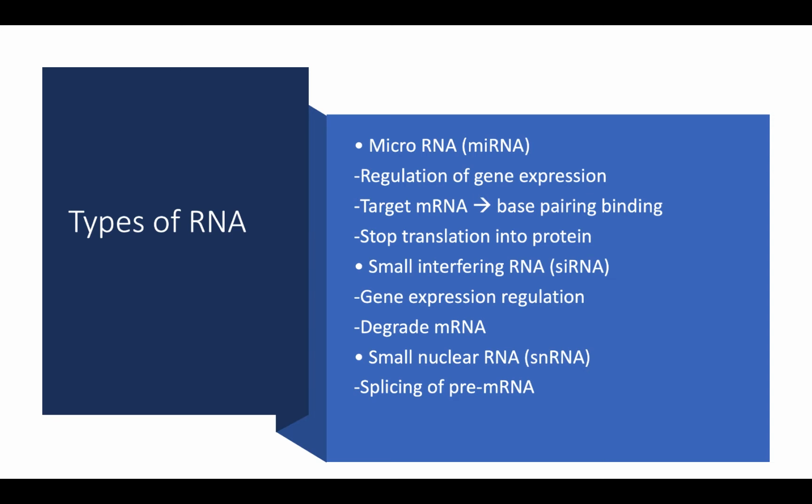But small interfering RNA can again راح يكونوا part of regulation of gene expression. بس بالعكس إنه هذا it's not by binding to the DNA, it actually causes mRNA to prematurely be degraded.